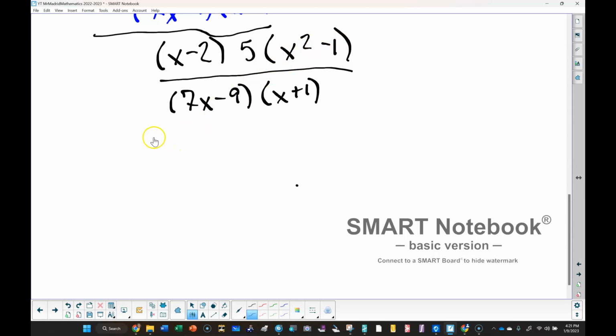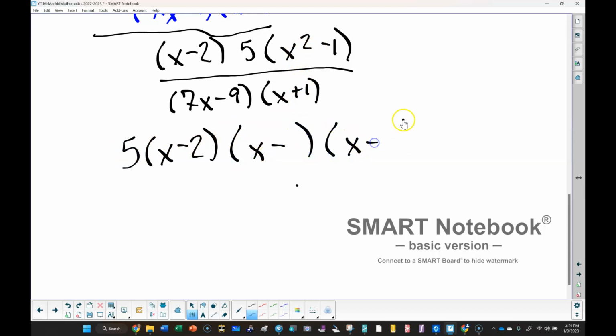You guys have seen it before, may have forgotten, but here's what it becomes. I'll put the 5 up here. We can factor it out like that, and technically this is the same as that.